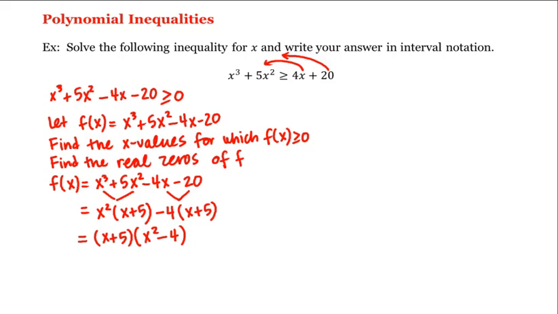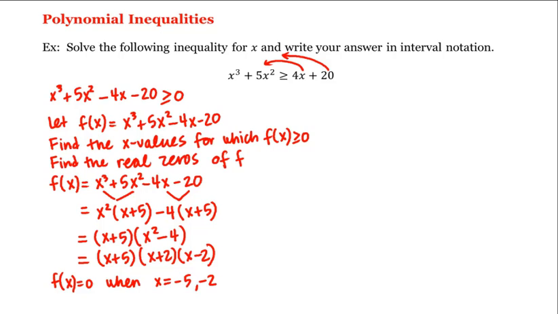Which is the difference of two squares, isn't it? Which would factor into x plus 2 times x minus 2. Therefore, f of x will equal 0 when x is equal to negative 5, negative 2, or 2.